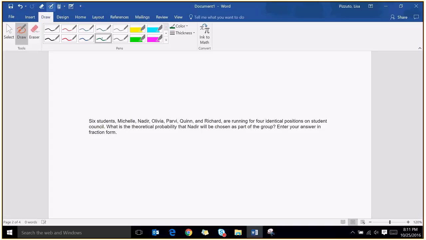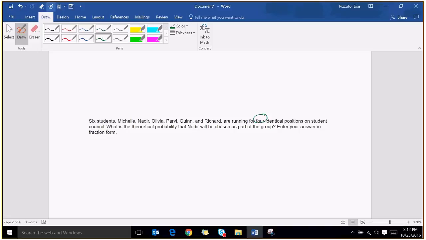So there are 4 positions. And so I would take the sample space and times that by 1/4.